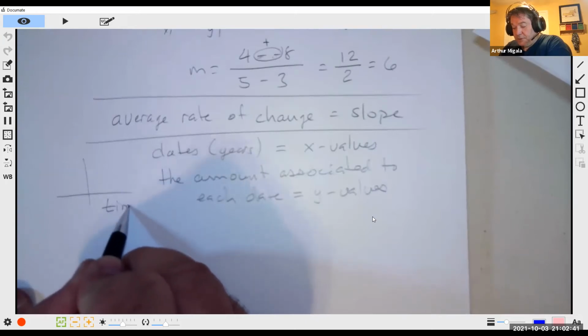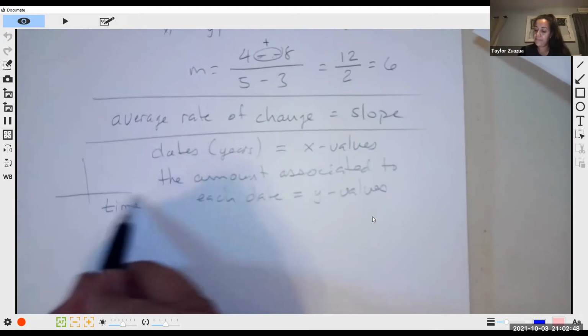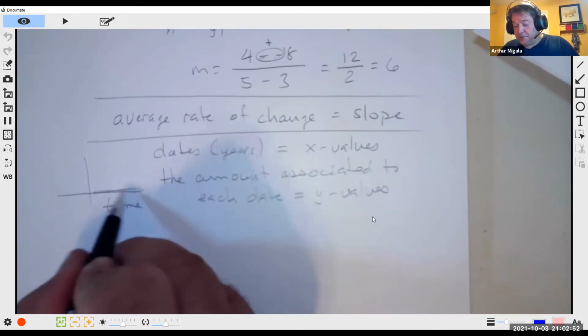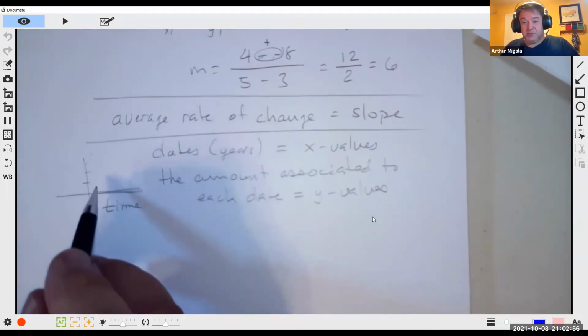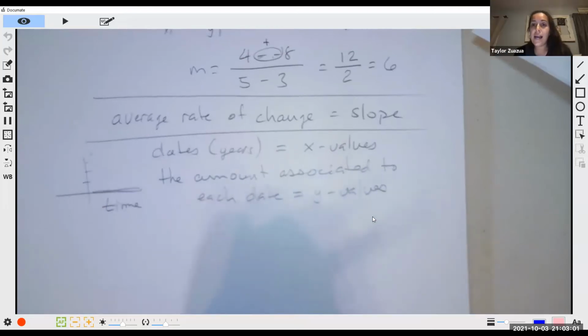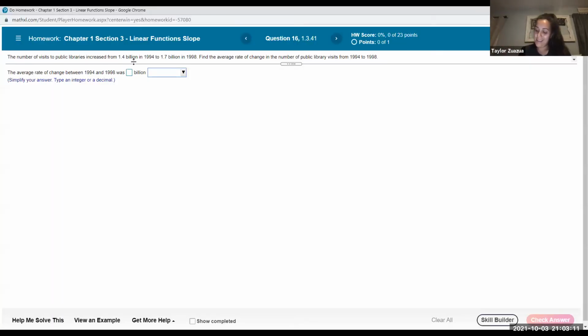Time is always your x-axis, because time can never go backwards. Time can never change. So whatever happens to time dictates what happens, whether it's number of people infected with COVID or number of birthdays you have. Got it. I kept getting it wrong, and I'm like, something's not right.